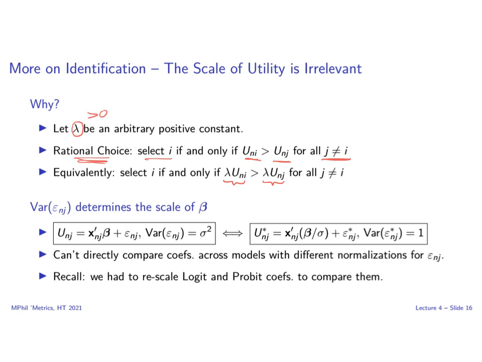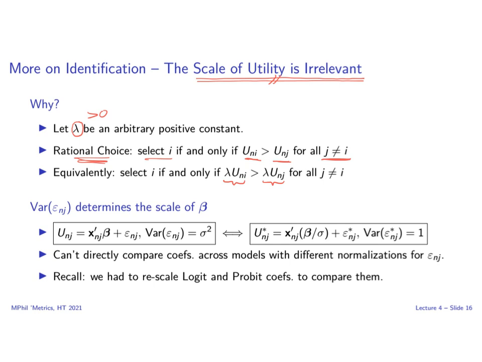This shows that rescaling the utility of each alternative by a positive constant has no effect on Alice's choices. To put it another way, the scale of utility is irrelevant. This seemingly trivial observation turns out to have quite important consequences for the identification of random utility models.